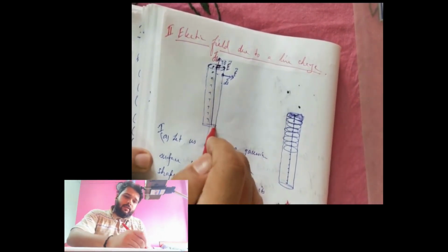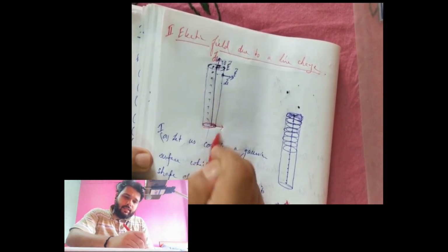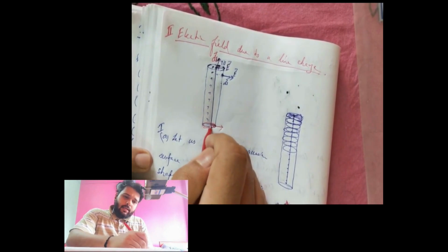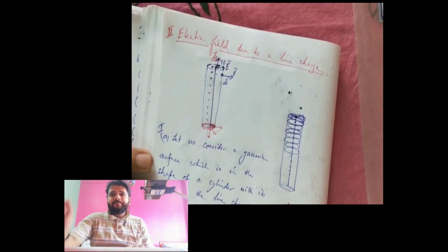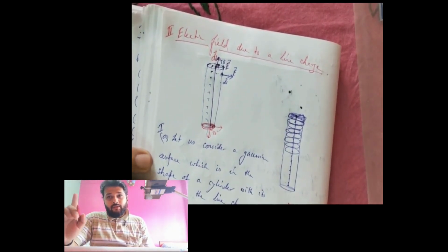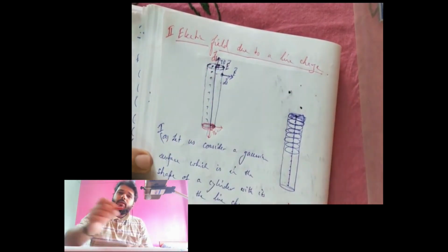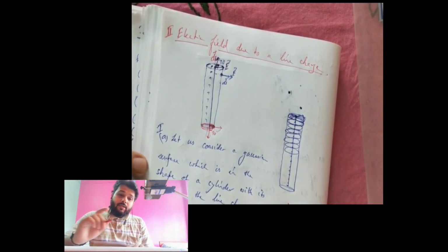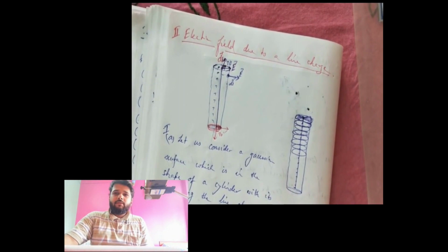And if I consider the bottom surface, again the electric field is in this direction, the area vector is perpendicular to the surface, so they are making again 90 degree. If the angle is 90 degree, cos 90 is 0, so the electric flux linked with this surface will be 0.